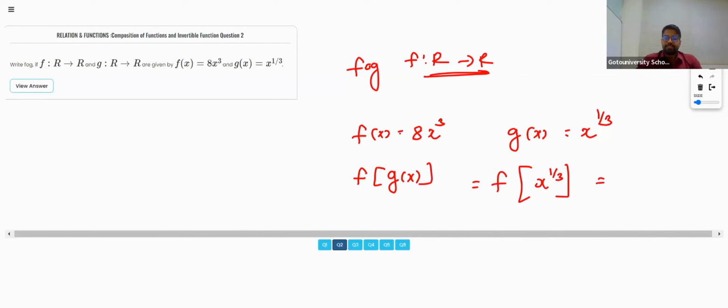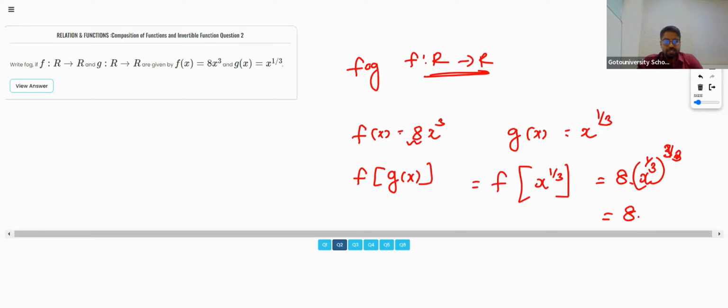So wherever x is there in 8x power 3, in the place of x we're going to keep x power 1 by 3, and we're going to cube this part only, right? So 8 remains as it is, because this function already has 8 as a constant.